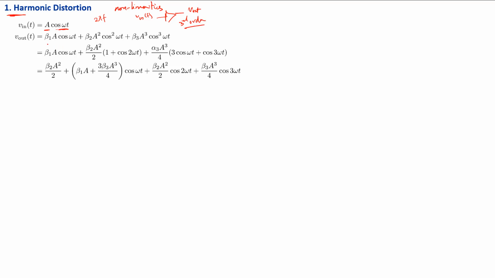That means the output is going to be beta 1 V in plus beta 2 V in squared plus beta 3 V in cubed.